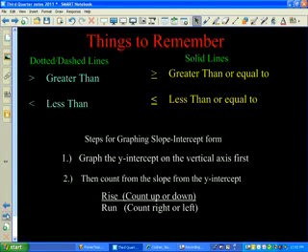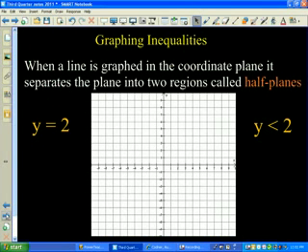Then you're going to use your slope from that y-intercept to plot your next point. So remember rise over run? That means your rise, you're either going up or down, and your run, you're either going right or left. So the two types of lines, dashed and solid, one's dealing with just greater than or less than, the other one's dealing with the equal to.